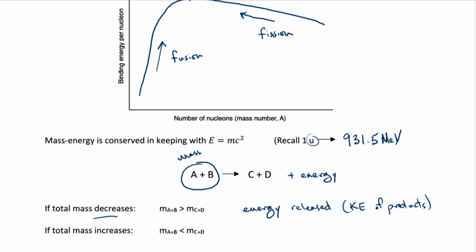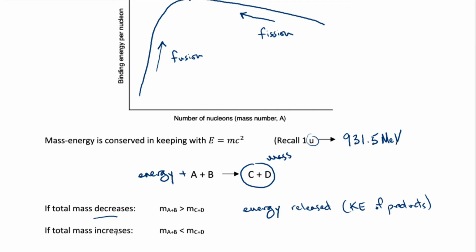In contrast, if the total mass were to increase, so let's say that instead the total mass is greater over here, then now we need to put energy in order to get the reaction to work. So we need to have more energy over here. That means that we need to fire A and B at each other at high velocity, giving them high kinetic energy in order to get this reaction to go.